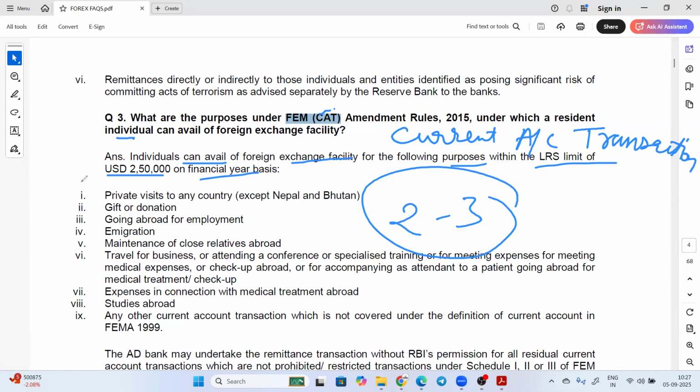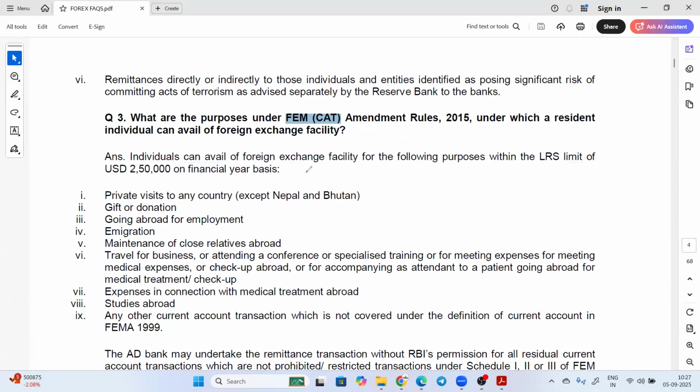So if you know it, it will be very helpful. First is a private visit to any country except Nepal and Bhutan. Except Nepal and Bhutan, for any private visit to any country, they can avail foreign exchange.